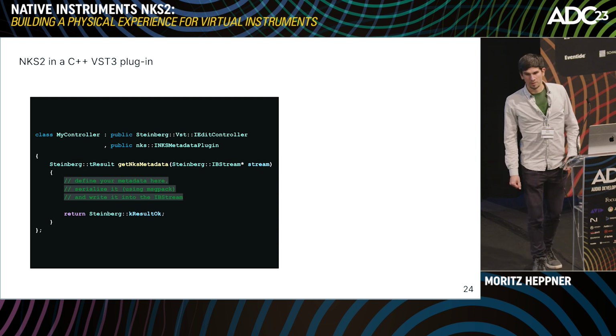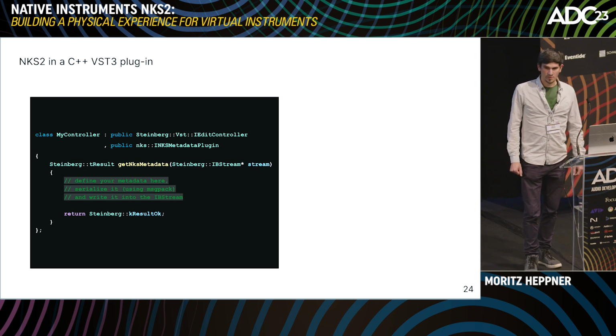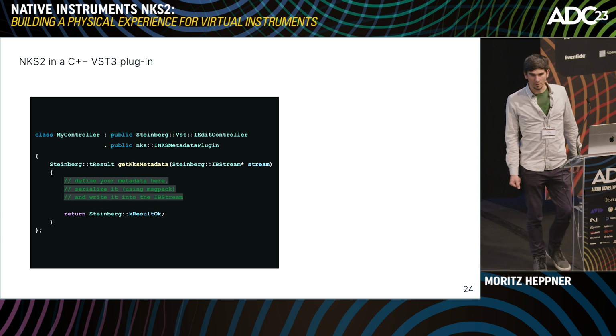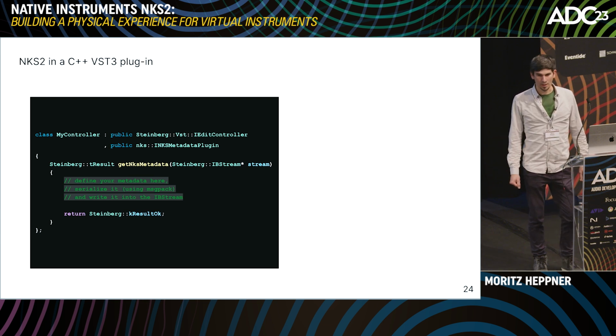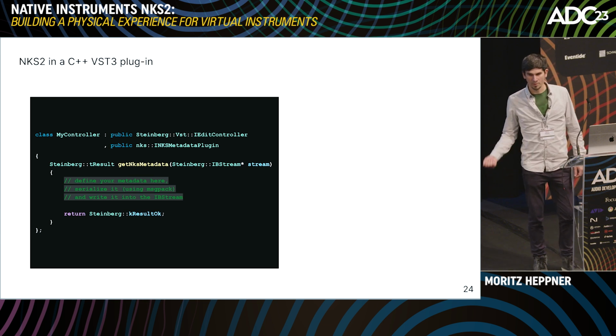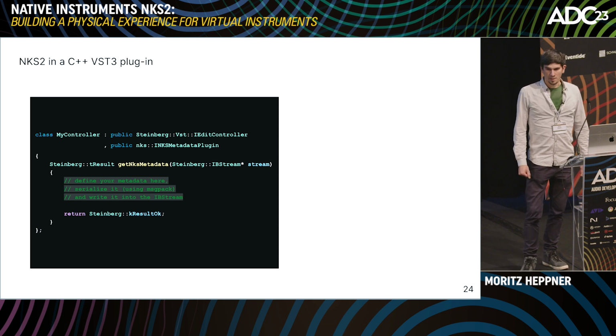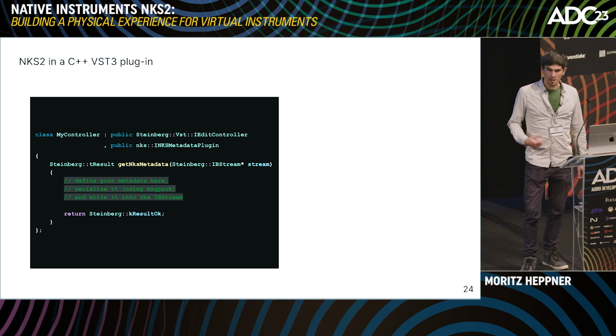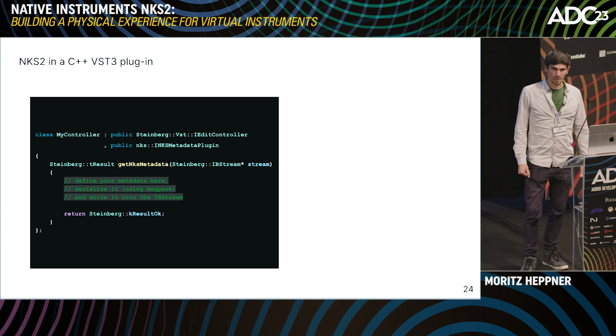So inside of this function, you do three things. First, you define your metadata. Then you serialize it to a binary blob using the MessagePack technology. And then finally, you attach it to the IBStream object.